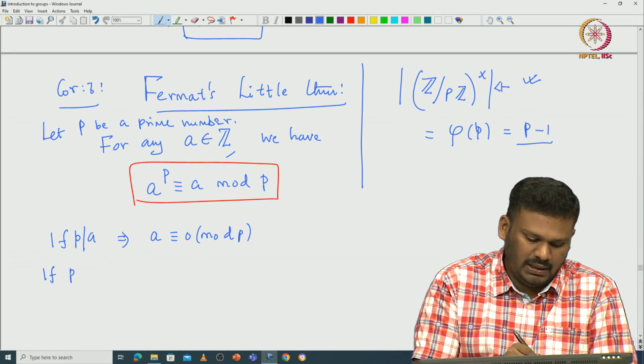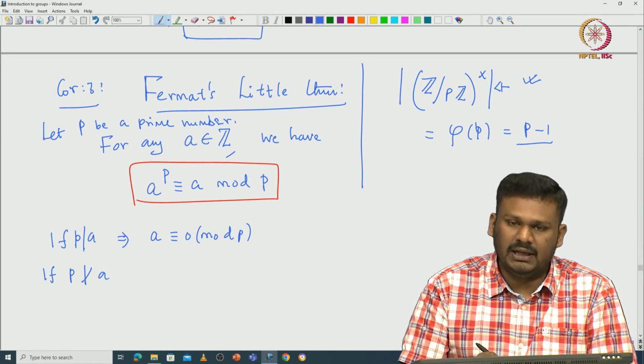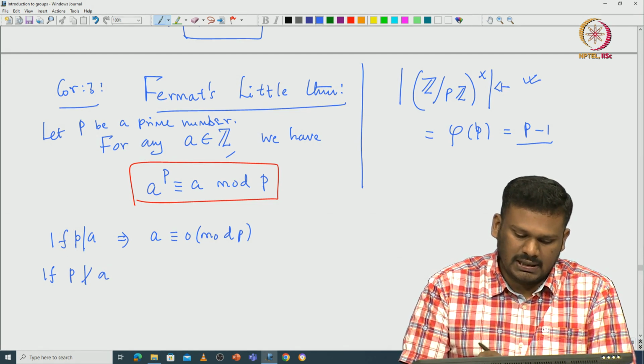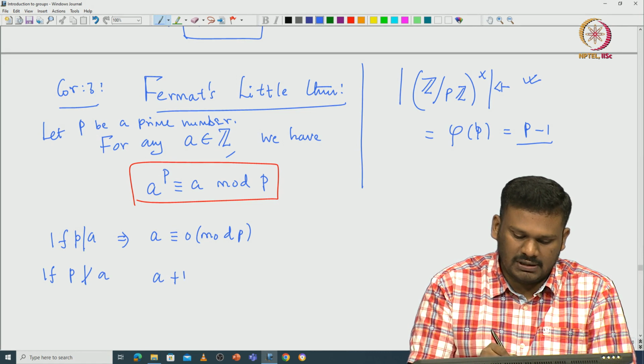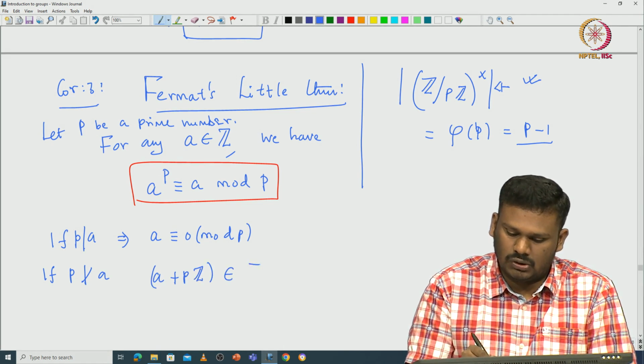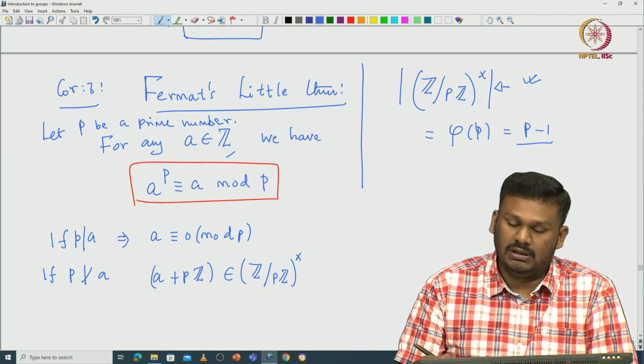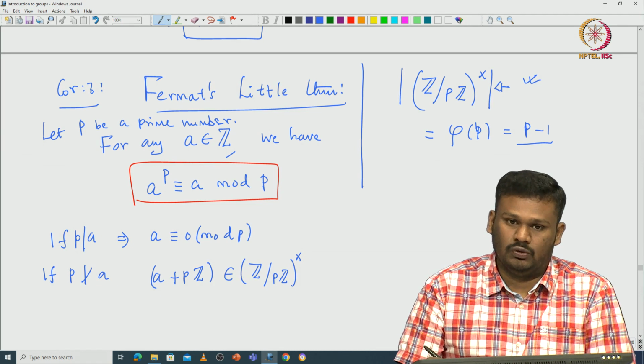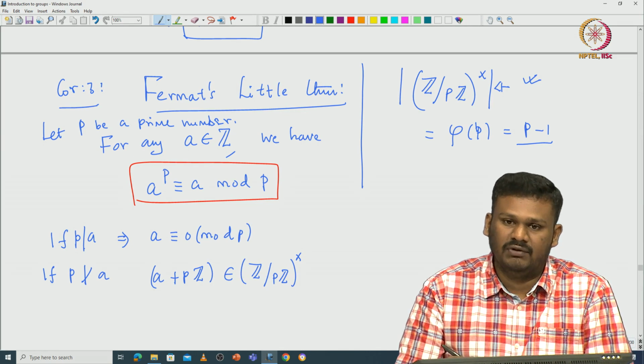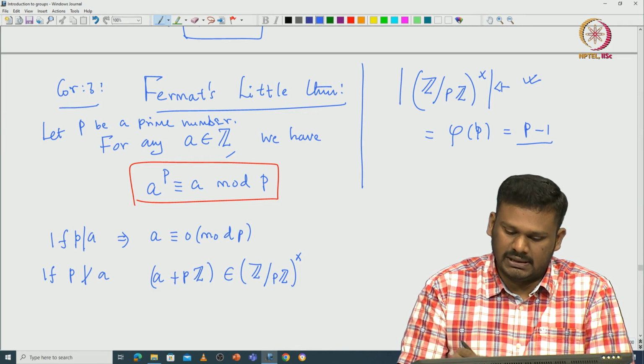What if p does not divide a? Then I can look at a plus pZ, an element inside the group Z modulo pZ, and it must lie inside the multiplicative group, because it will be an invertible element.